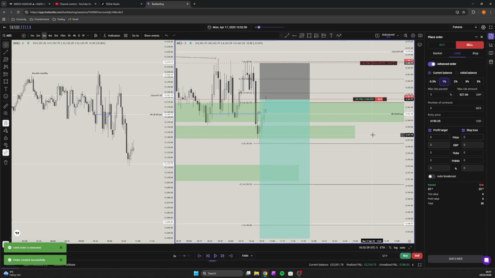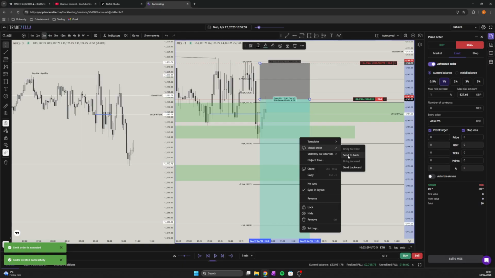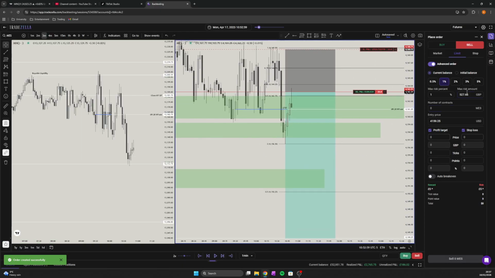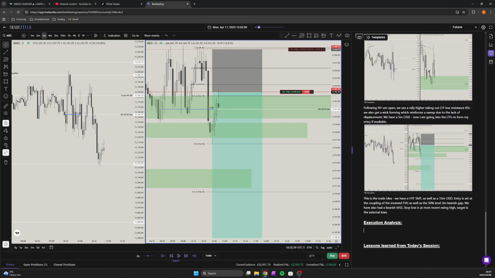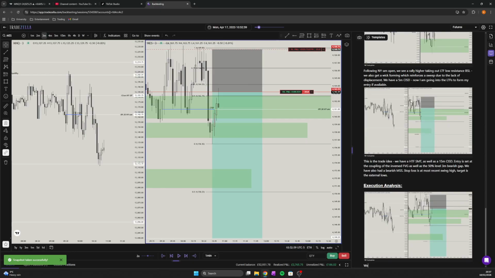Advanced 1% sell. Okay, see if this plays out. Okay, so we are entered in on the trade. Execution analysis. I am now in this trade.